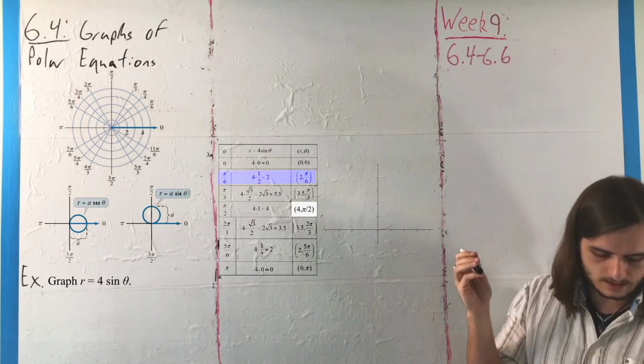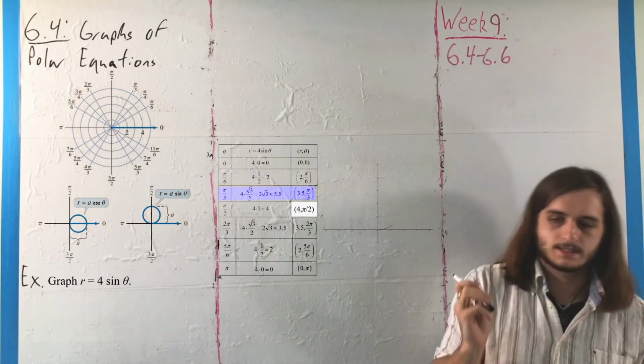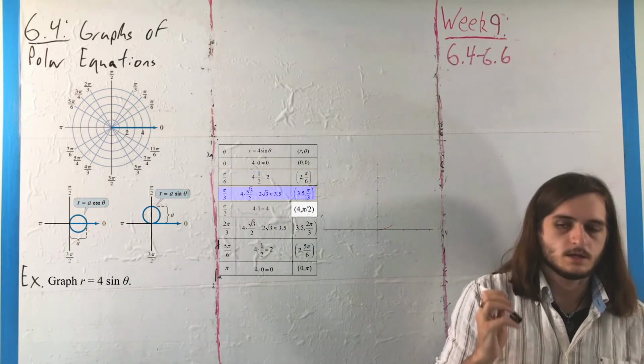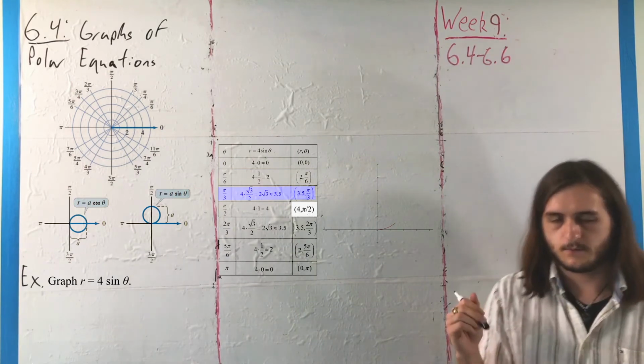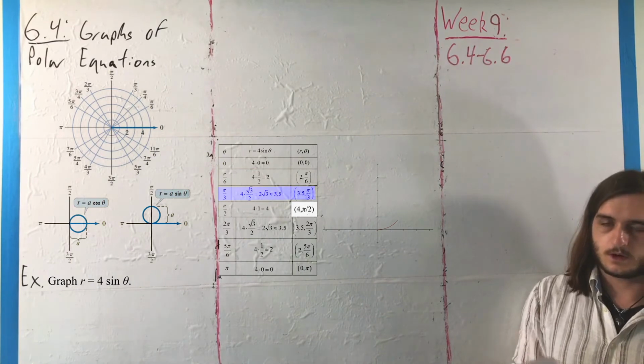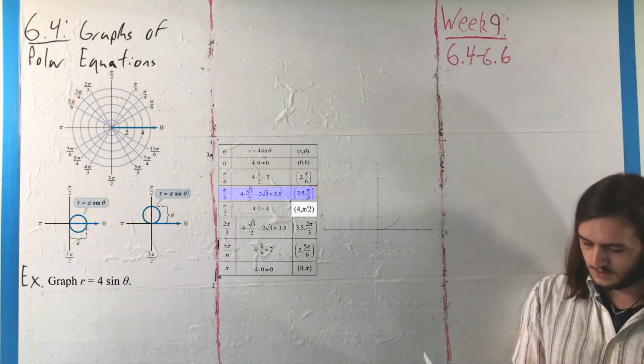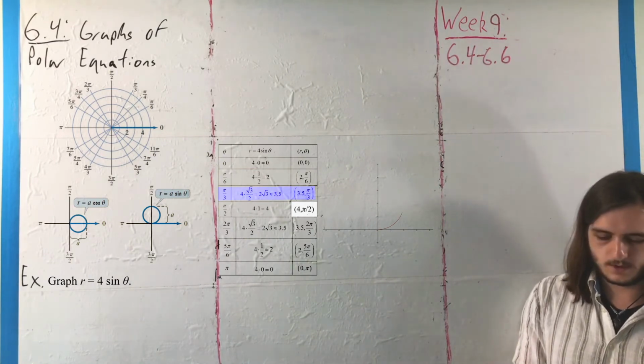And then at pi over 3, remember that sine at pi over 3 is root 3 over 2. So we're going to get 4 times root 3 over 2, or 2 root 3, as it were, which is about 3.5.